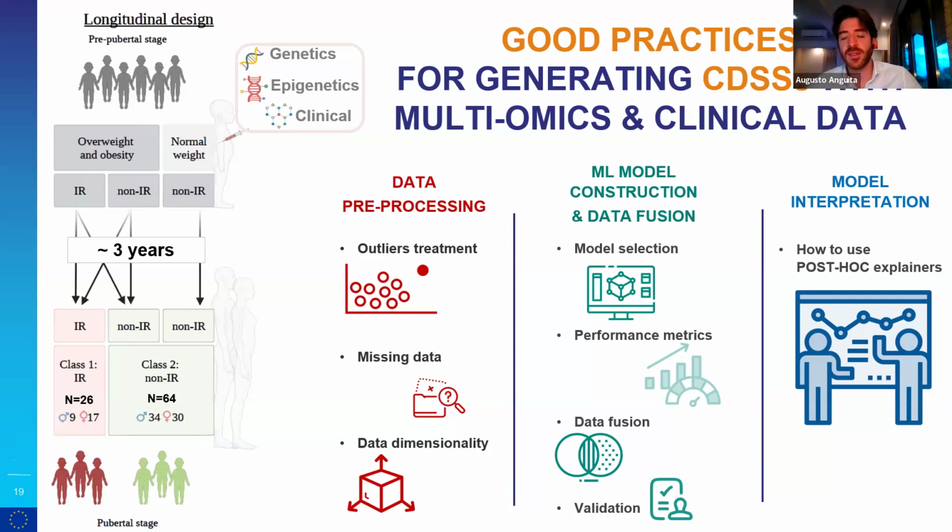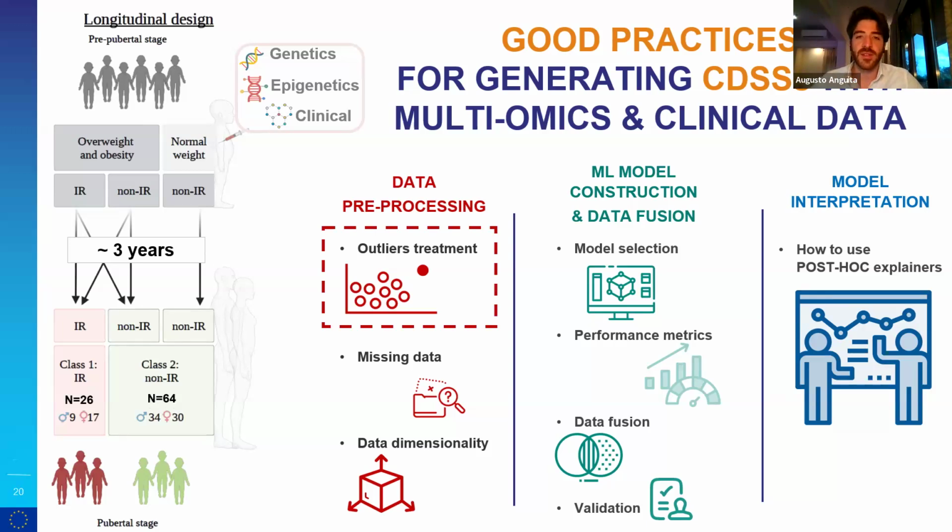Also importantly, we need to choose carefully the model that we are going to build. Which metrics are we going to inspect to evaluate the model performance, how to fuse the different sources of information, how to validate our results, and finally, we will see how to use these post-hoc explainers for getting these extra explanations and interpretation of our model.